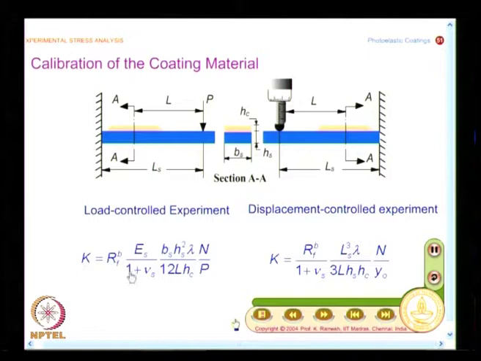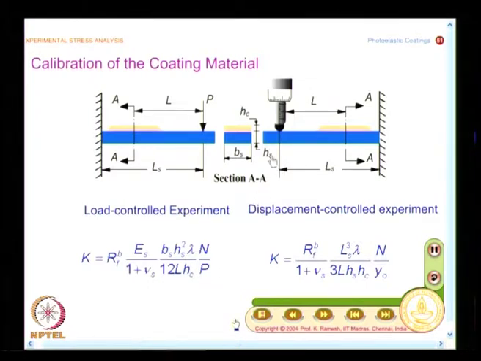What you do from the experiment is find out the fringe order and the corresponding load. I need essentially the ratio n by p. For a load controlled experiment, apart from the geometric details, I need to supply the value of n by p.